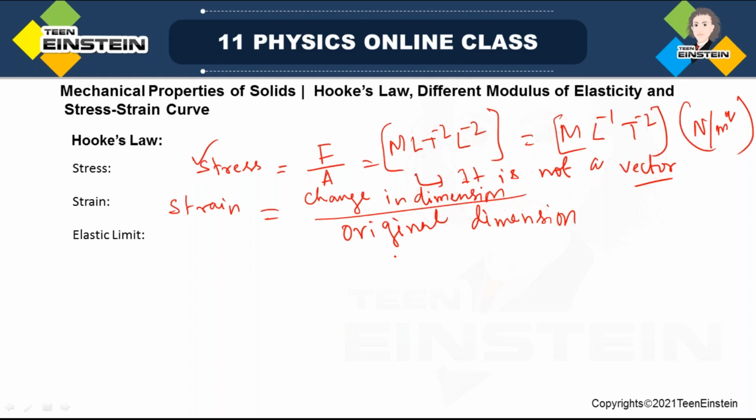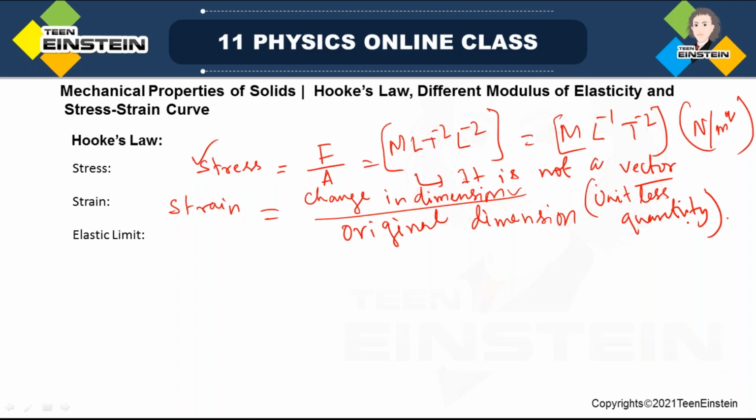Dimension can be length, volume, etc. So the change in the dimension over the original dimension is a ratio. Strain is the ratio of change in the dimension to the original dimension. As you can see, both have the same dimension, so it is a unitless quantity. So stress and strain we have learned.